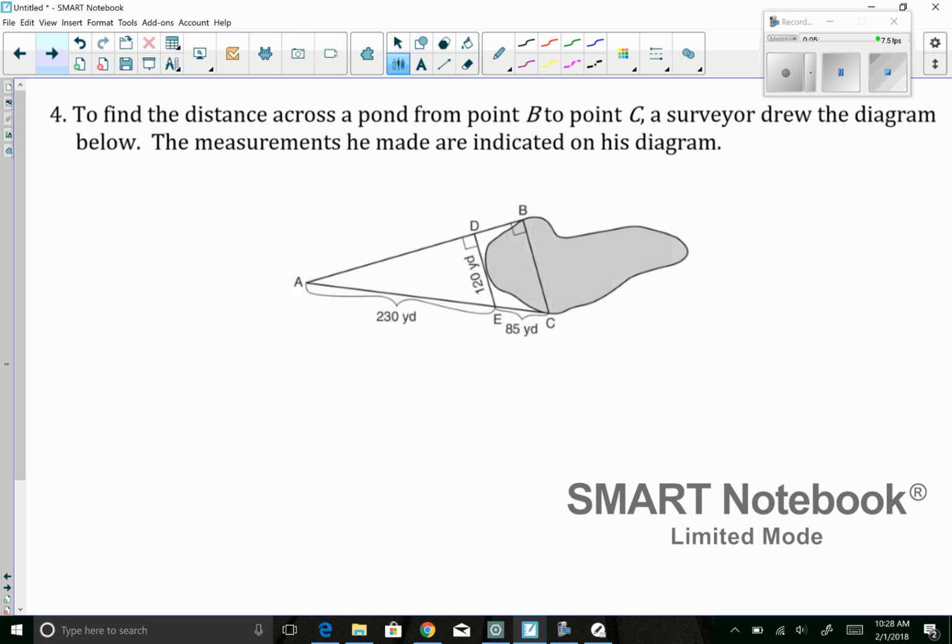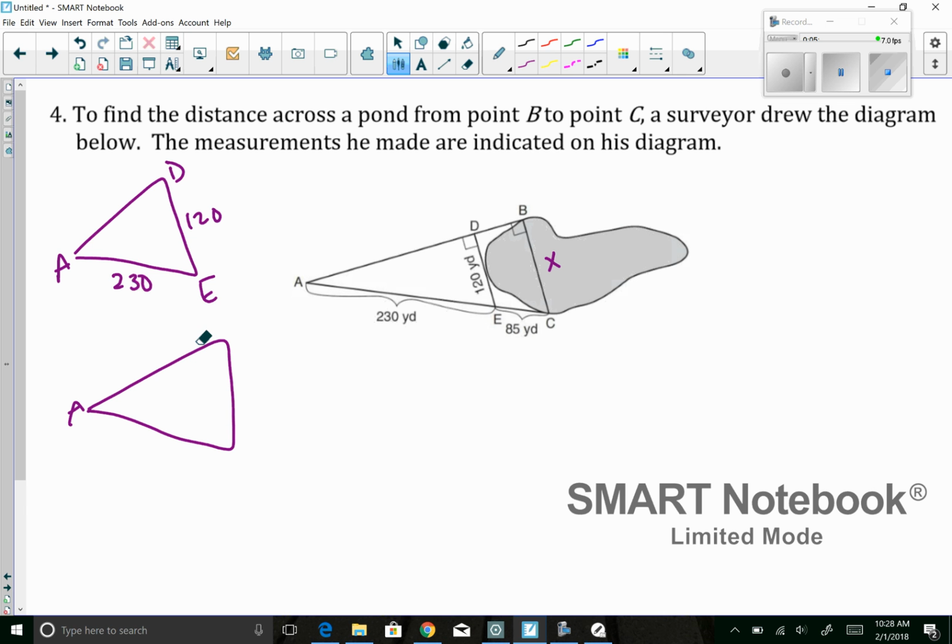Number 4 is another regions question. I'm asked to find the distance across the lake. So if I redraw my two triangles, with a triangle ADE, I notice that AE is 230 and DE is 120. Then for the bigger triangle, I have A, B, C. BC I don't know, and for AC I have to do some work first.